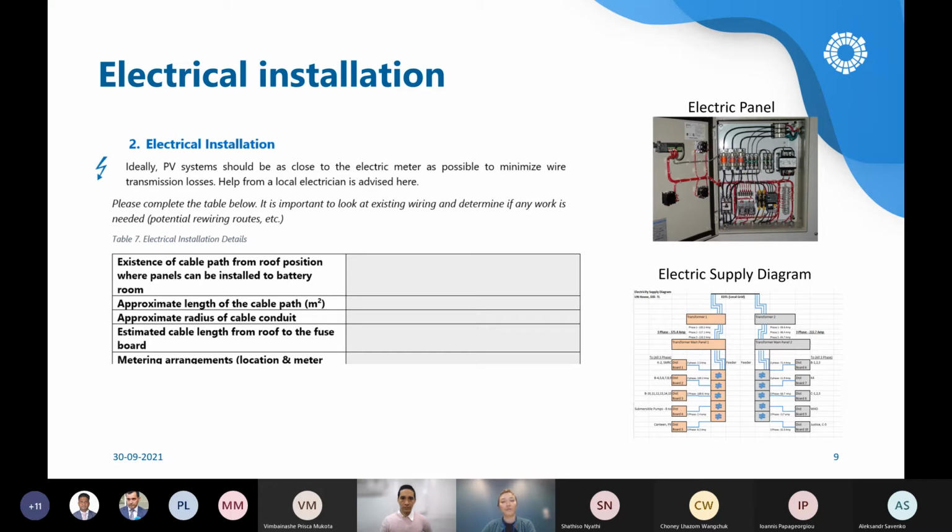Is it going to be far from each other? For example, we can have a distribution board in one place, then a generator in another place, and then our office that we want to power in another place. So it's good for us to know beforehand how far everything is from each other.